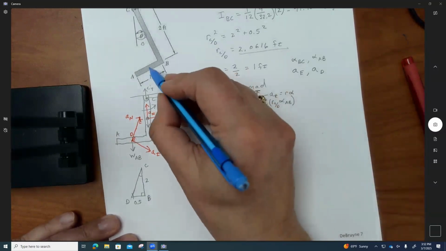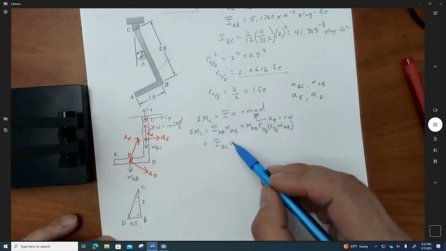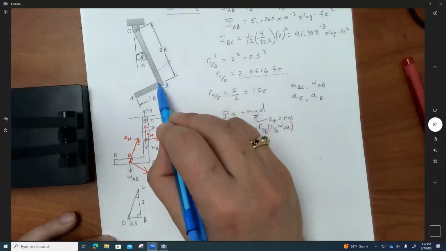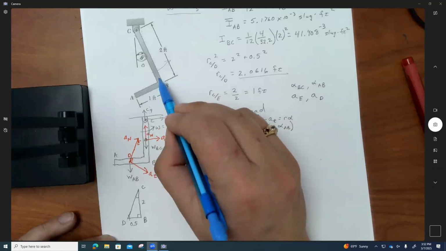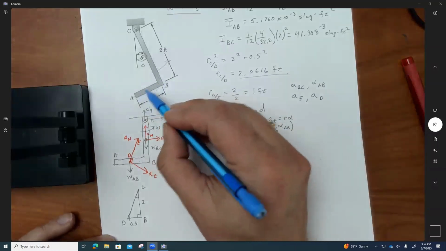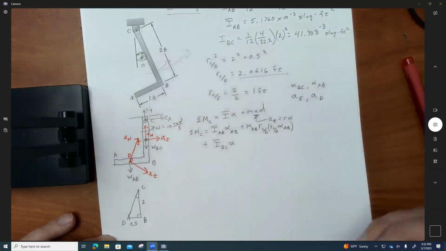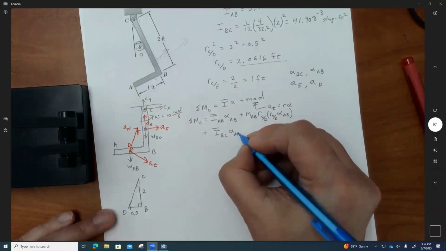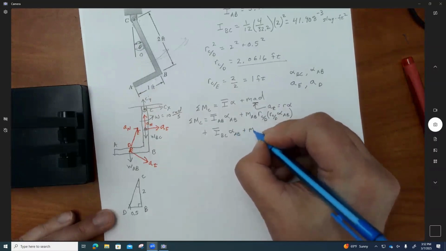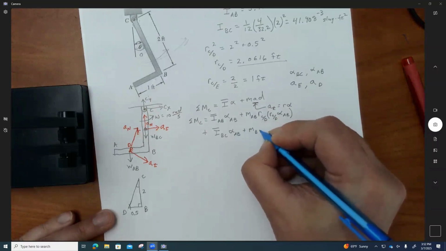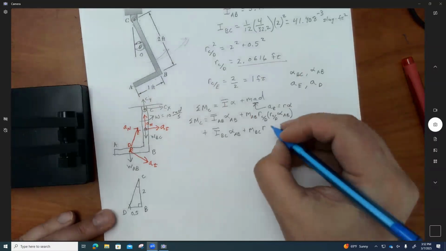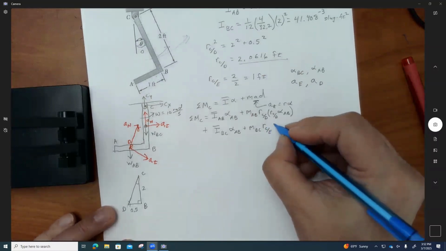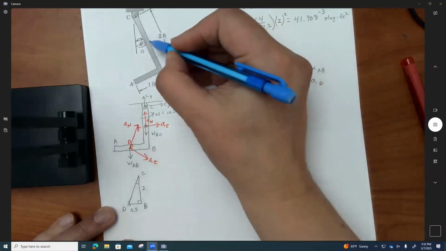Now, can this in any way have a different alpha if they're a rigid body connected? There is no pin connection here. This is not broken apart. So we're really going to move as a unit. And therefore, in this problem, we really only have one alpha. AB plus mass of BC times R of C relative to E. And then the tangential component as well.